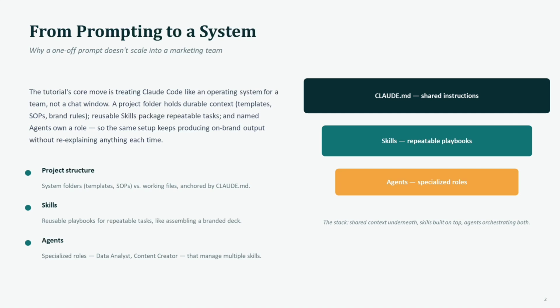And project structure: system folder, SOP templates, working files, then skills as reusable playbooks for repeatable tasks, then agents such as data analysis, content creator, or any other agent that you want in your marketing team.